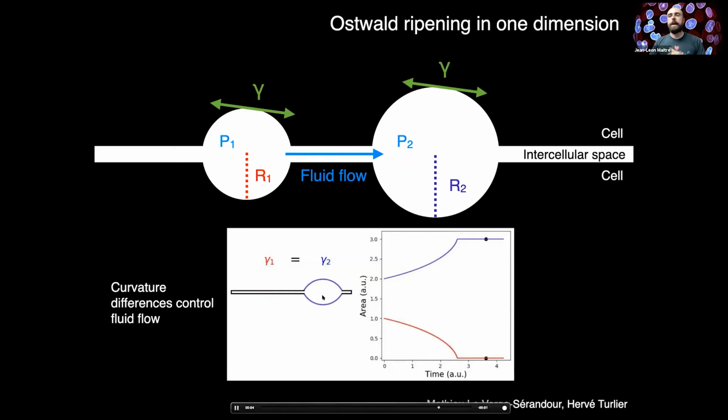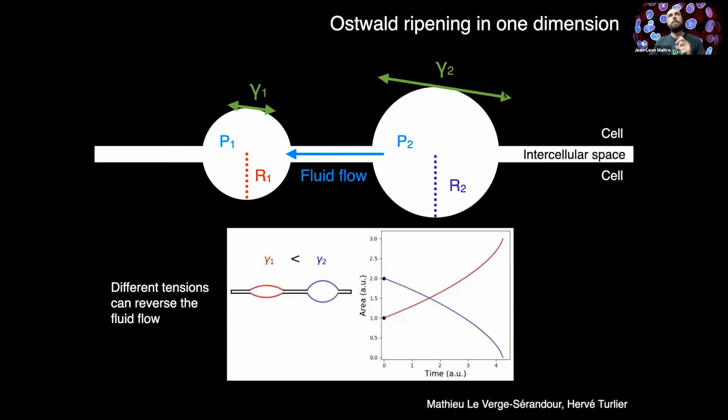Because the embryo is not a vinaigrette and can control its surface tension, you can imagine something a bit different, where you would have a large microlumen with a high surface tension as compared to the smaller one. And then you can actually reverse the fluid flow from the large one into the small one if the cell is controlling specifically the surface tension of a specific microlumen. And so this is also how the embryo could control where the fluid goes eventually.